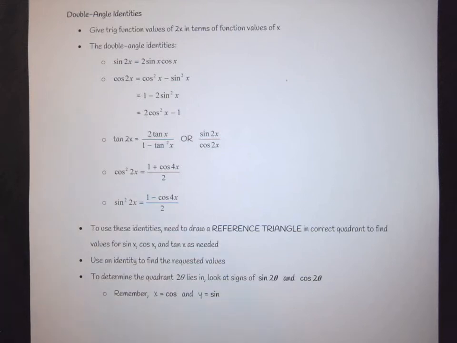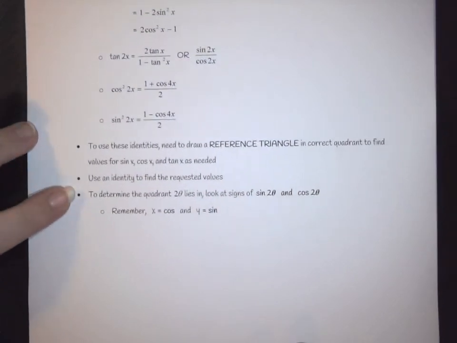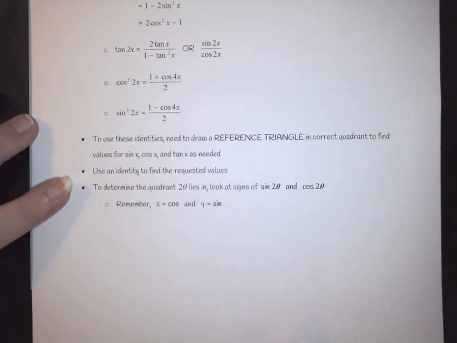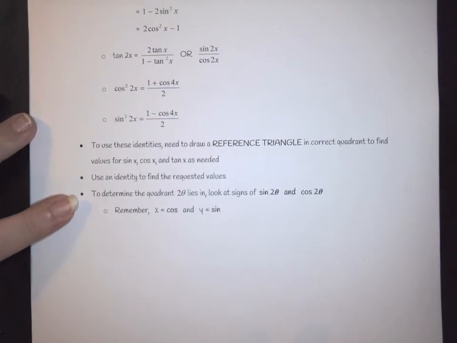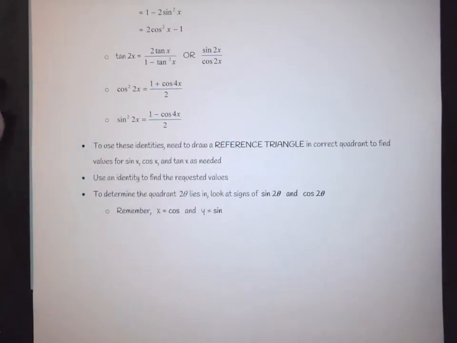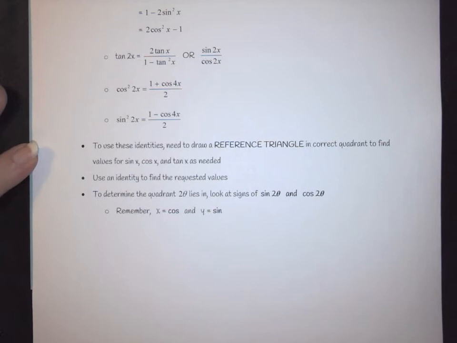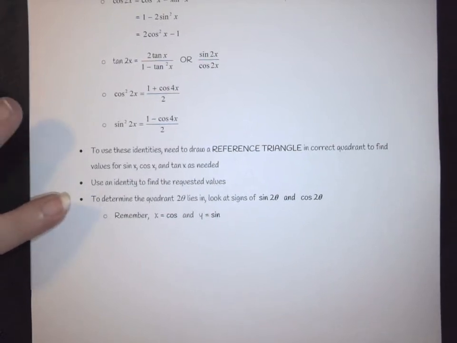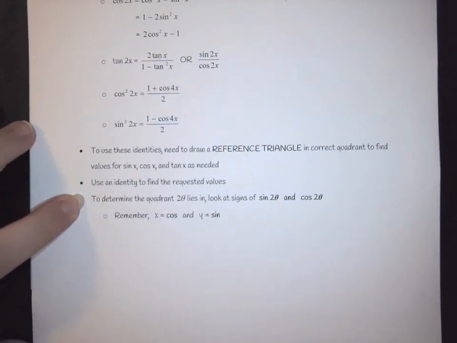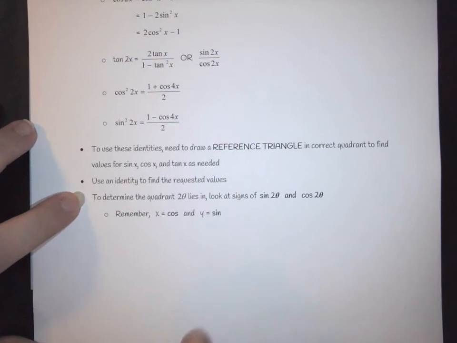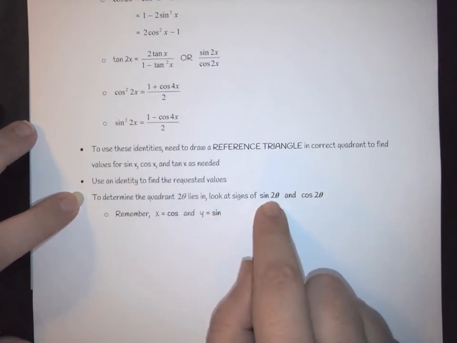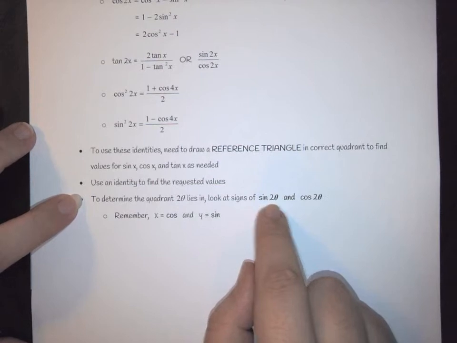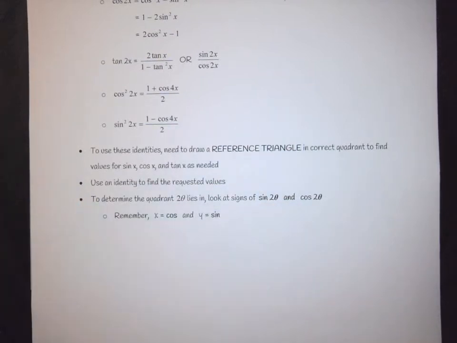Now, the first thing you want to do is always determine your quadrant, where things lie. So you want to determine the quadrant that your double angle lies in, which means you want to look at your signs for your sine or cosine of your double angle.